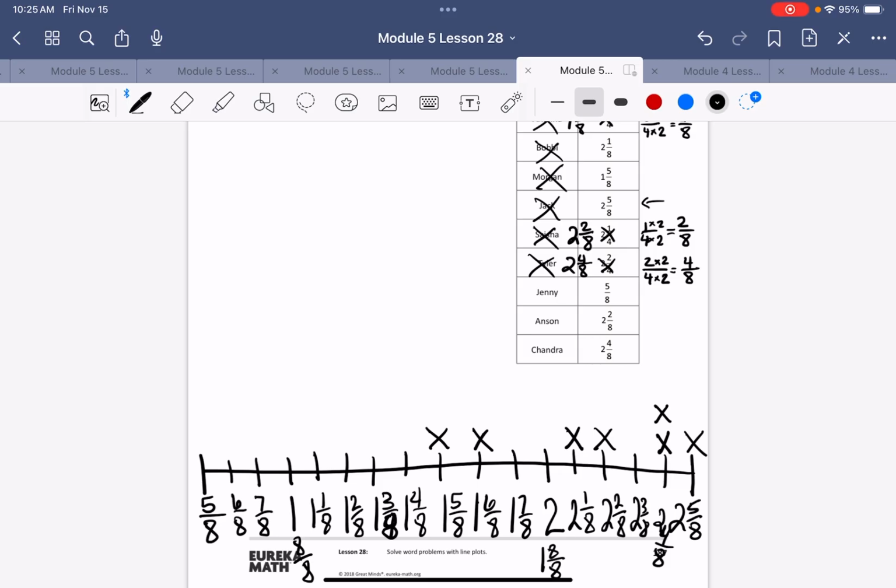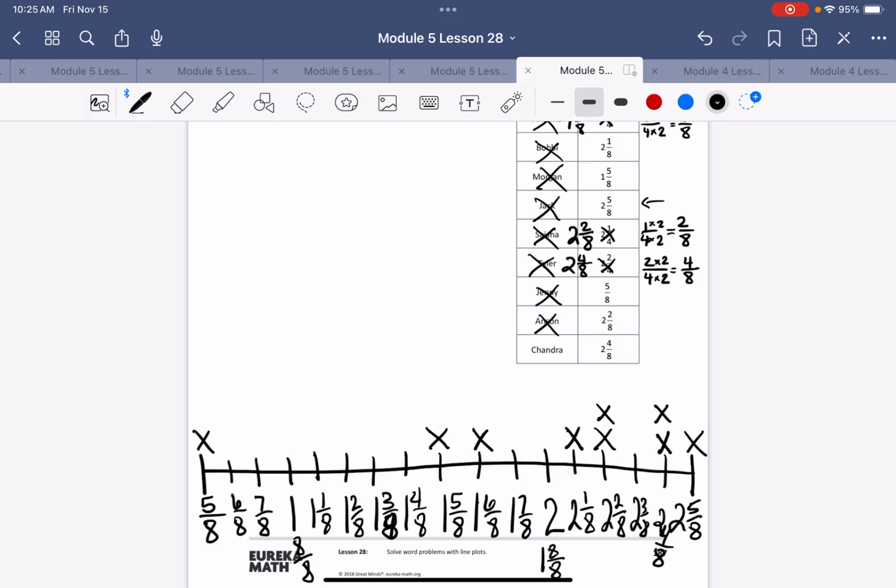So I find 5/8, and I put an X. And now I can cross out Jenny. Anson had 2 2/8. So I find 2 2/8. I already have an X there, so I just put another X on top. And now I can cross out Anson.